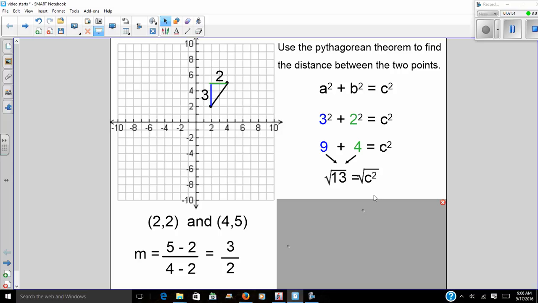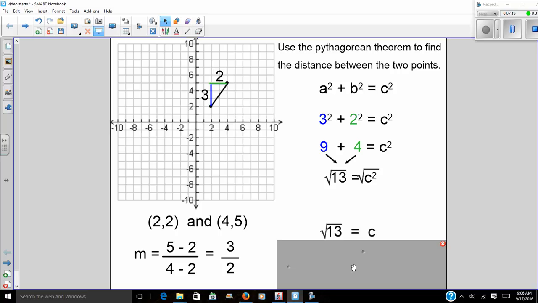It takes c squared and square roots it, and therefore the square root of c squared is c. So we end up with c there, but the square root still stays on 13. 13 is not a perfect square, so at this point we are choosing not to break it down into an approximation. We are just leaving it as an exact number, the square root of 13.